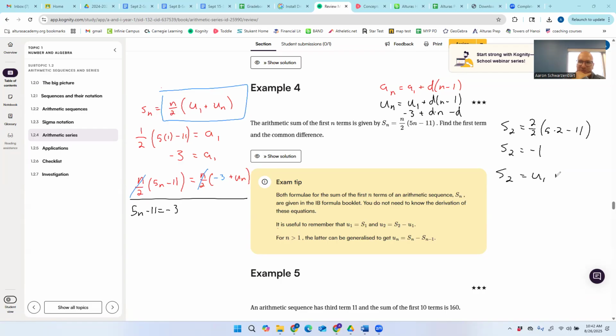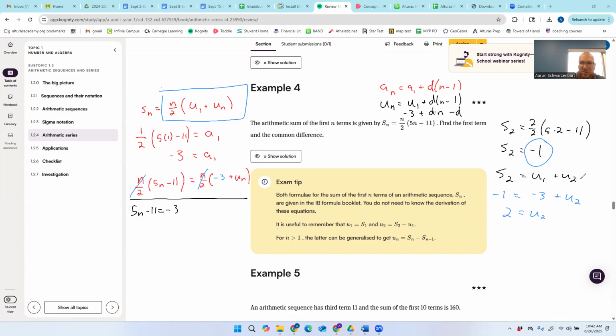is also u1 plus u2. So I know S2, I should just substitute it in, is -1. Know that from right there. I know u1 is -3. When I solve this, u2 is 2. Okay?